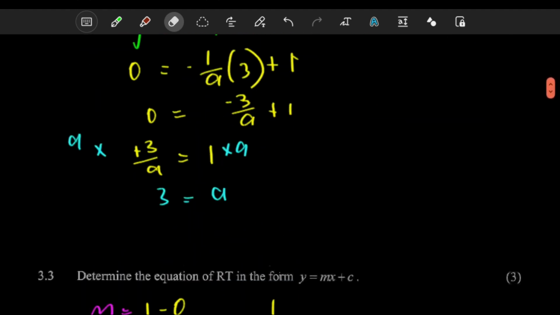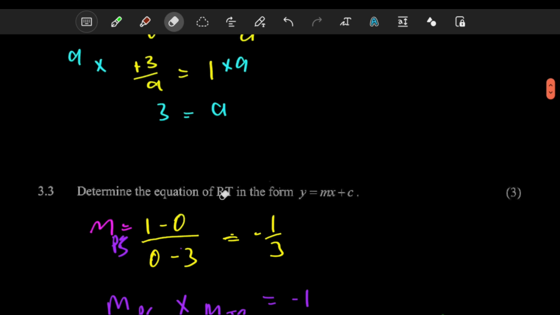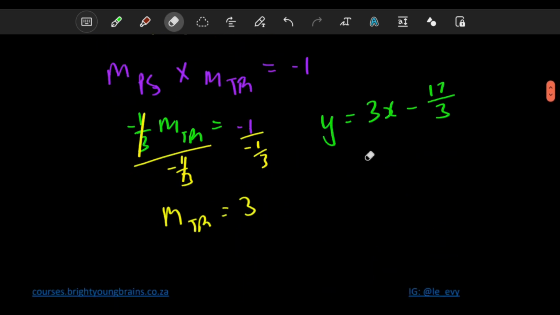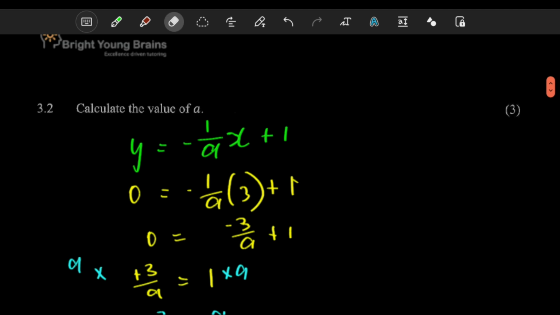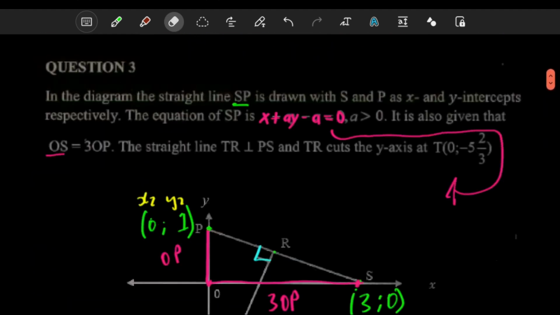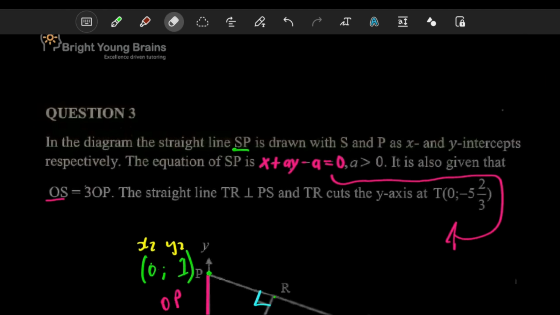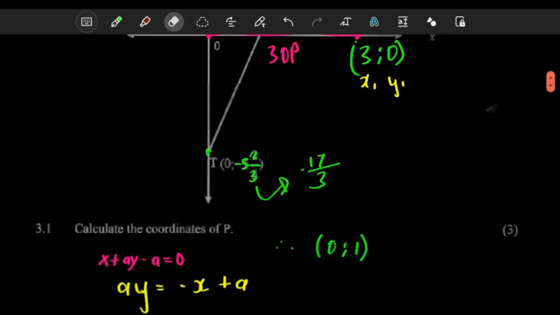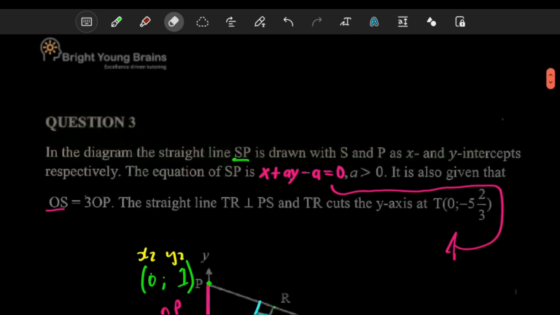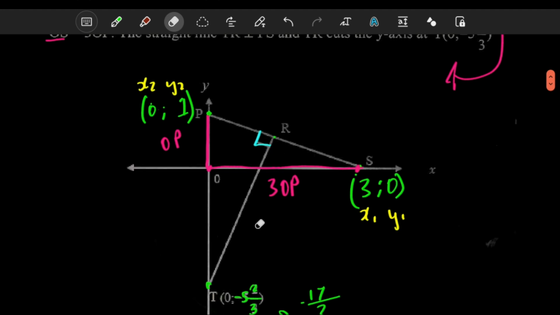We just got the equation of line TR, which is this one. Perfect. And then we also have a value for A, so technically we also have the equation of SP. We just got the equation of TR.